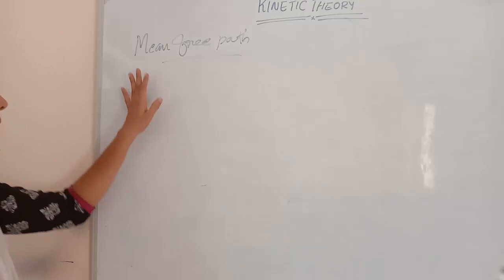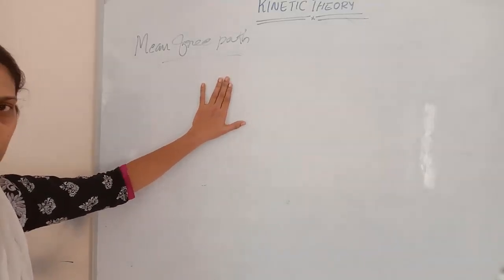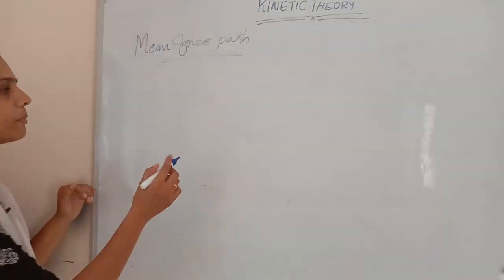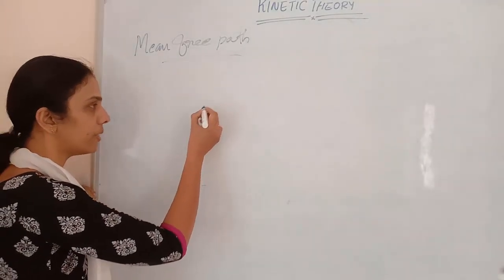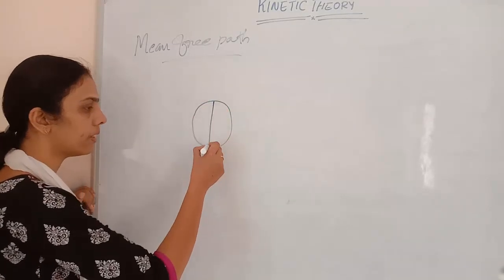Here we are going to study what the minimum distance required is. For that, I am considering a gas molecule having a diameter of d.